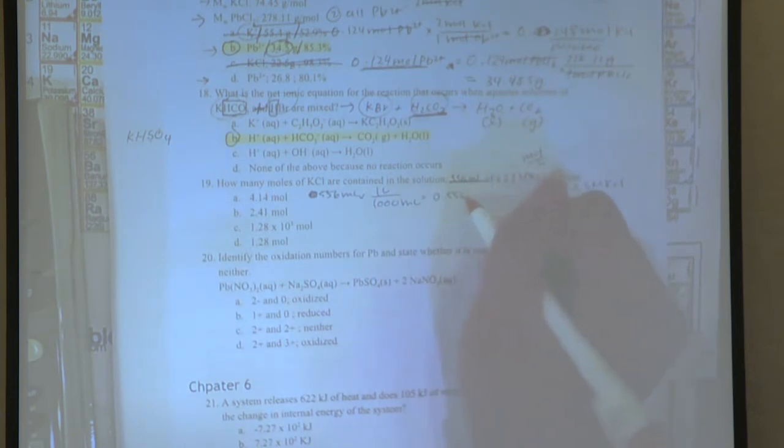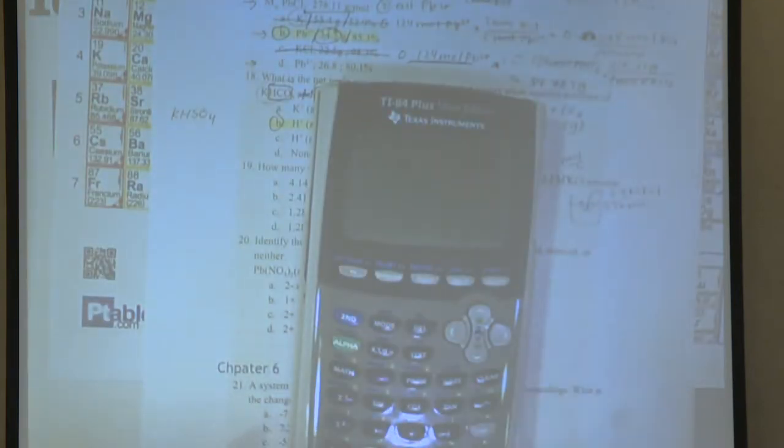So this is how many liters I would have. And then, given my molarity, 2.3 moles per 1 liter, knowing that I have 0.556 of a liter, how many moles do I have? Doing a proportion, 2.3 times 0.556 divided by 1, I should get 1.28, which is my answer.